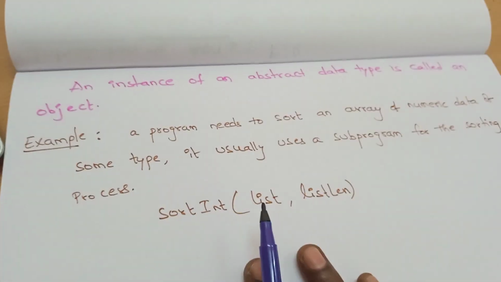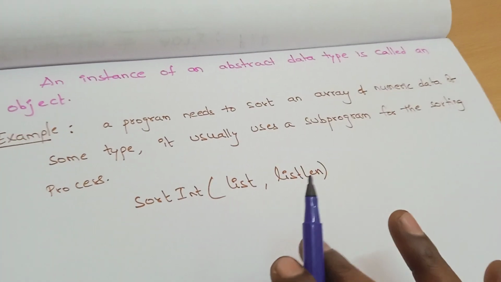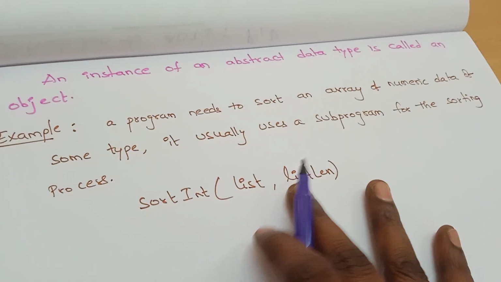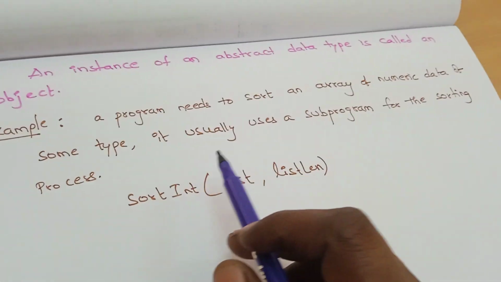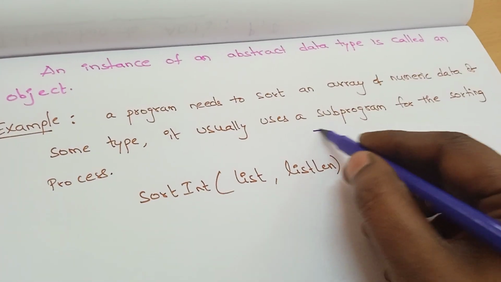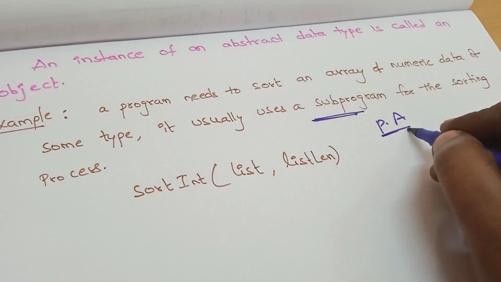Now let us take an example. A program needs to sort an array of numerical data of some type. Assume this for better understanding. It usually uses a subprogram for the sorting process. So I am talking about process abstraction.